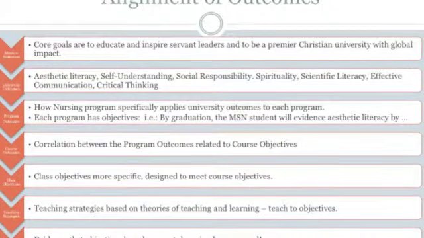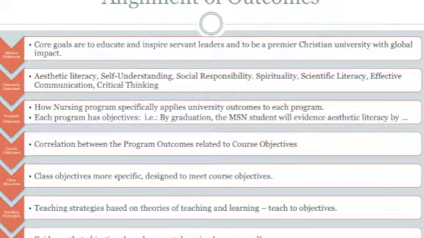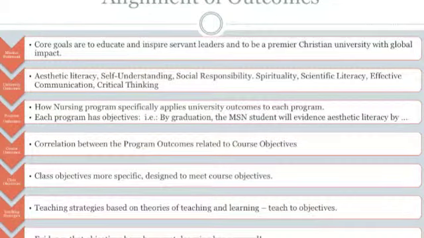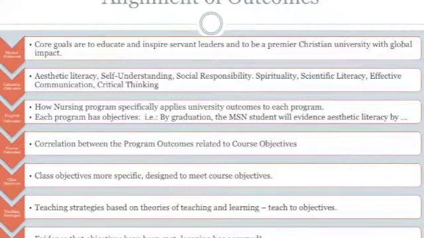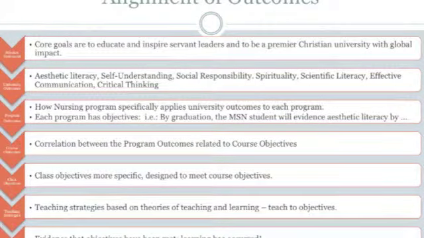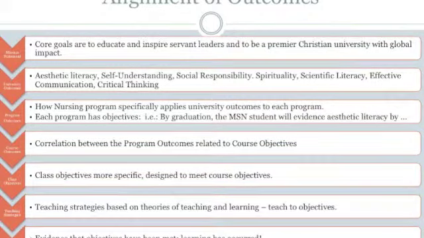All right, this next slide shows the alignment of outcomes. What is the university's overall core goals? And right at our school, they're to educate and inspire servant leaders and to be a premier Christian university with global impact. Then we have certain values that we have to instill.